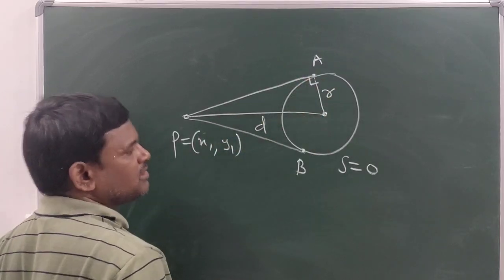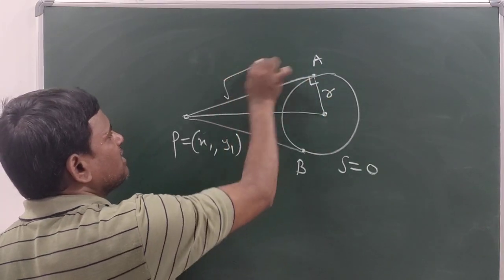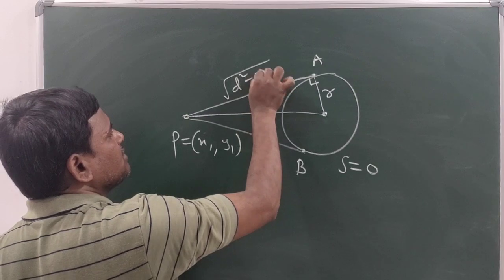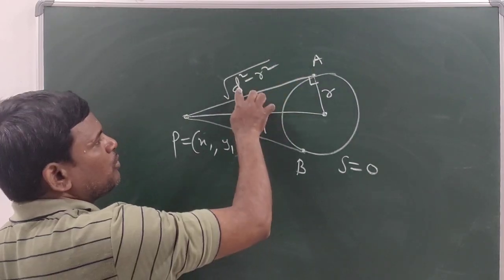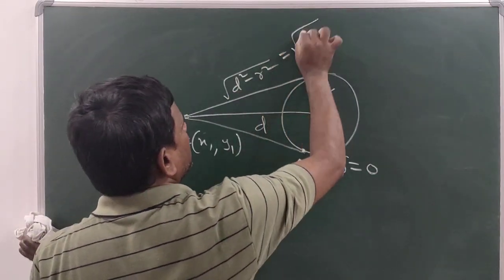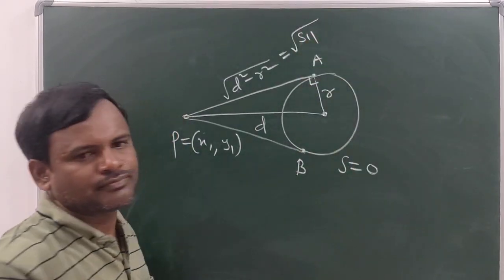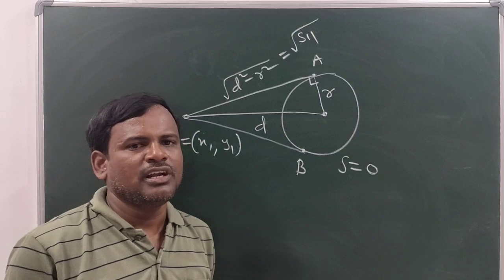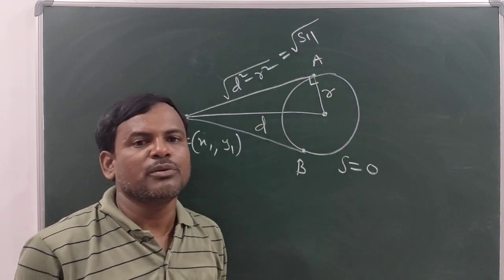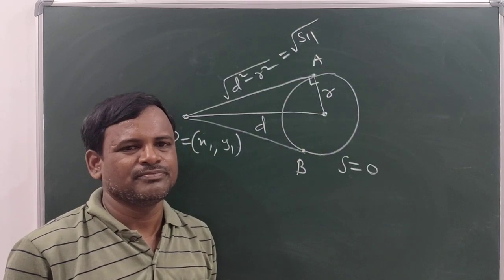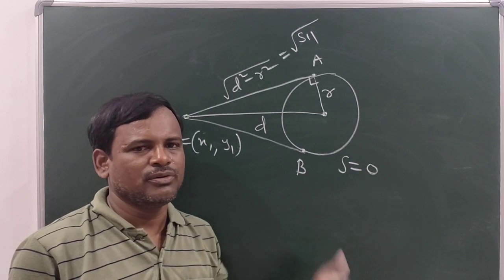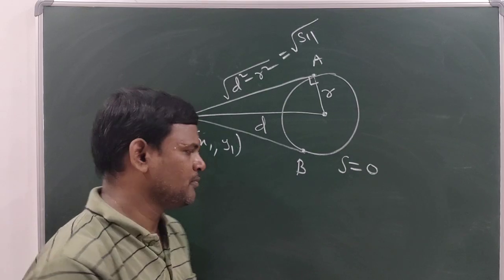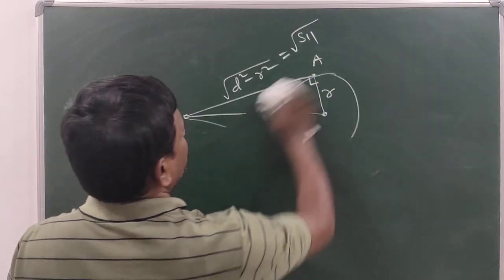Apply the Pythagoras theorem. So you will get the length of the tangent as root of d square minus r square. Root of d square minus r square is nothing but root S11 in this circle. Instead of doing this whole procedure, you can directly use that formula, root S11, the length of the tangent.